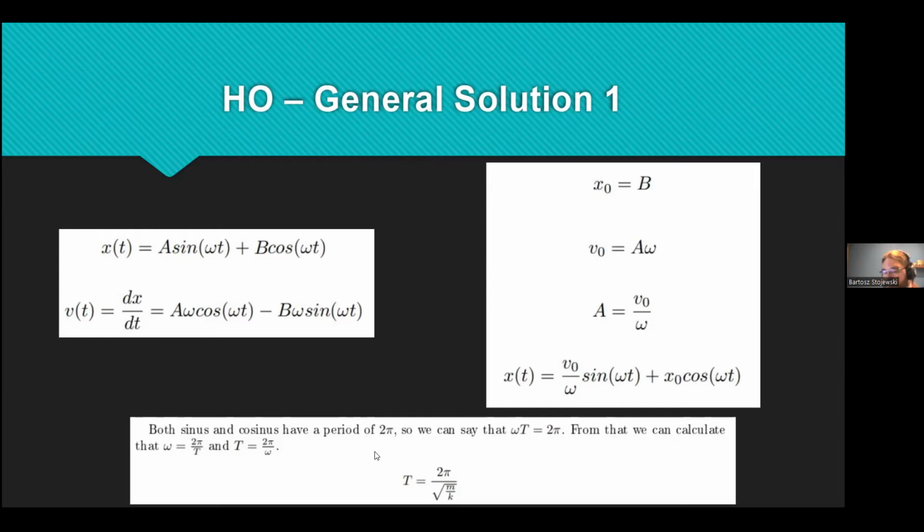Both sinus and cosinus have a period of 2π, so we can calculate T, and we can see how omega depends on our T.